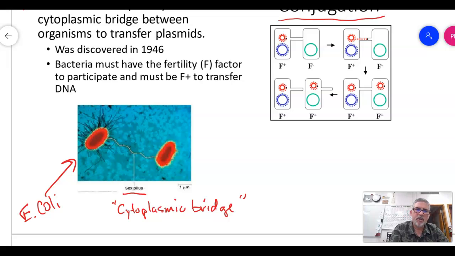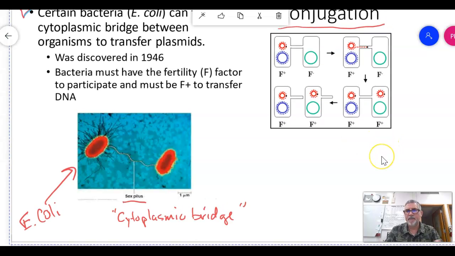If you look at this one on the left, see all the little spikes coming out? Those are all attempts to find another E. coli. They don't have eyes, so they can't see. But once they come in contact with another E. coli, they'll connect that bridge and start passing plasmids. This is usually in times of stress. E. coli has no brain.